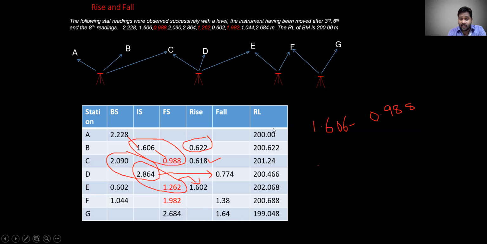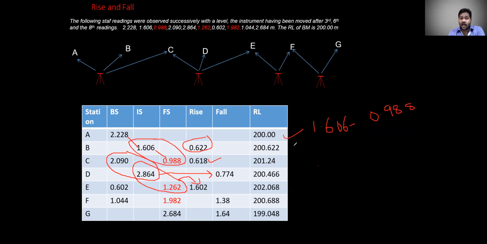So how are you getting this RL? That RL you are getting by adding the rise or fall. If you want to find out this RL, first one is the benchmark. That benchmark is 200, whatever is given in the problem.